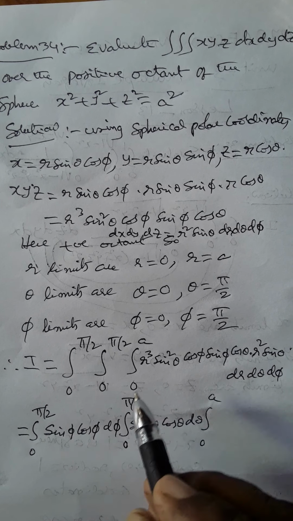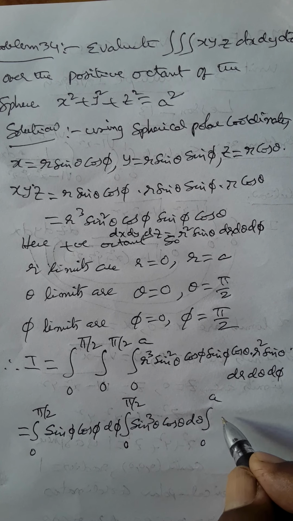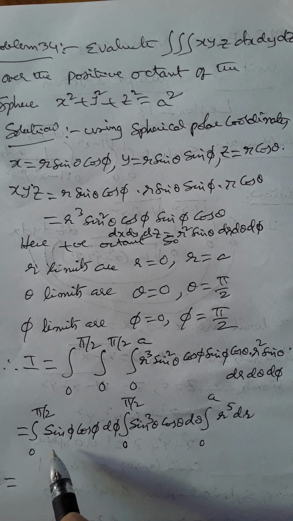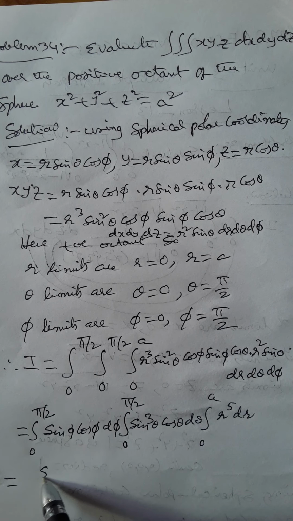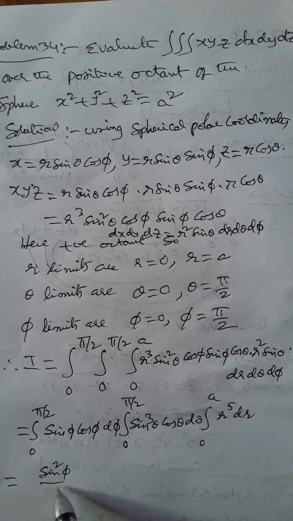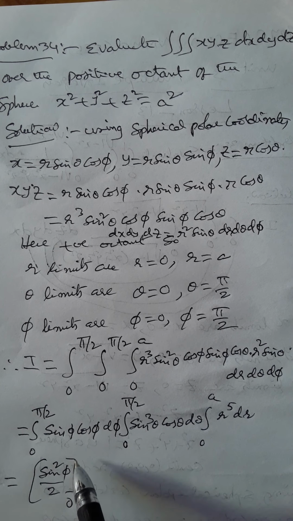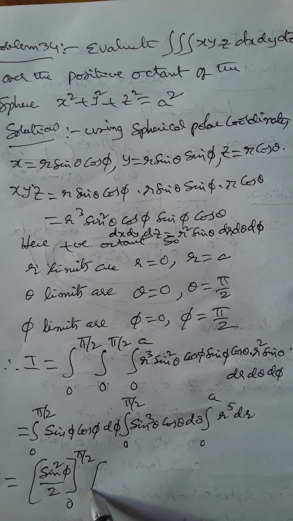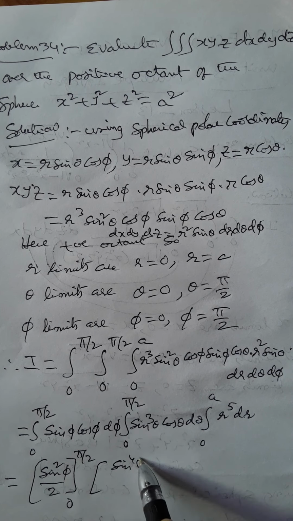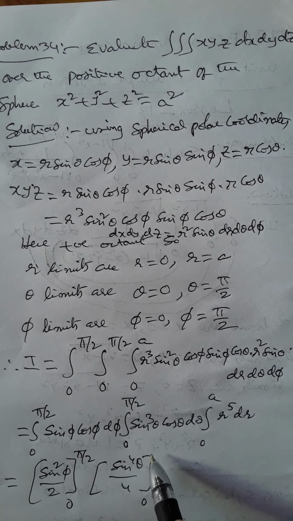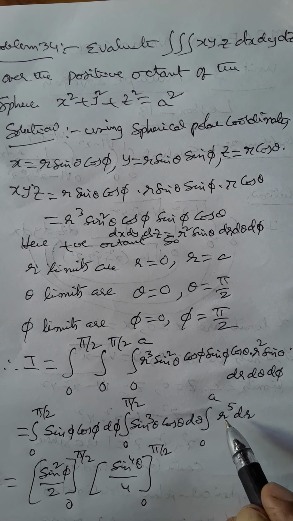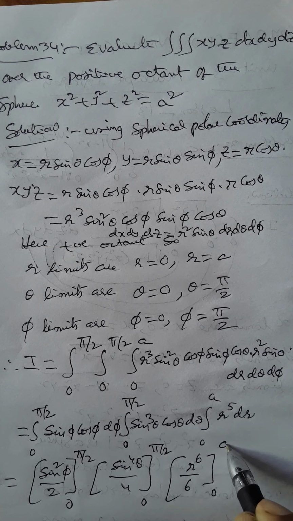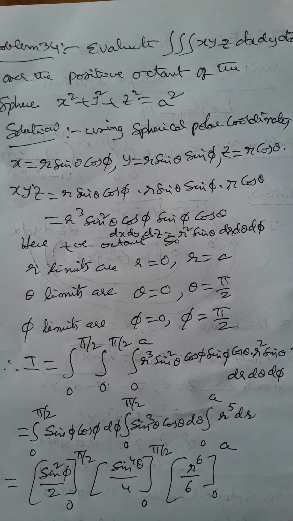Then integral 0 to a of r cube times r square, r power 5 dr. Sin phi with derivative cos phi gives sin square phi by 2, 0 to pi by 2. Sin theta with derivative cos theta gives sin power 4 theta by 4, 0 to pi by 2. Integral of r power 5 is r power 6 by 6, 0 to a.